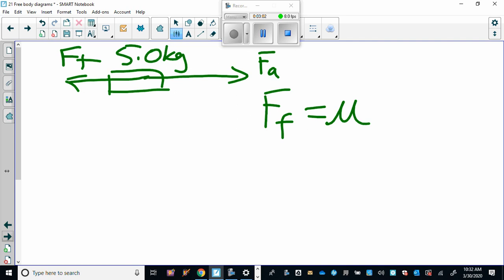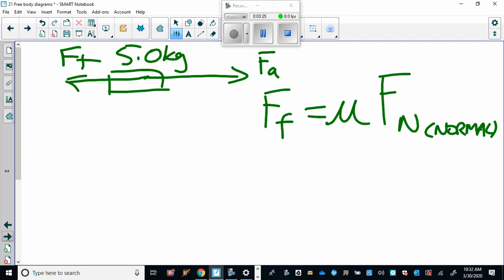For example, the rubber tires of the car on the concrete have a high coefficient of friction so that you're not slipping and sliding around in your car. So that's what mu is, times Fn, and Fn, just a reminder, is the normal force.